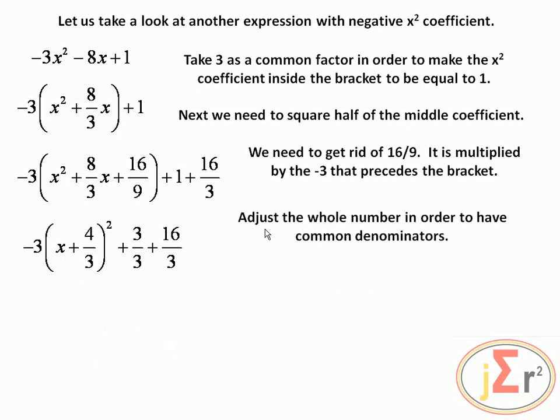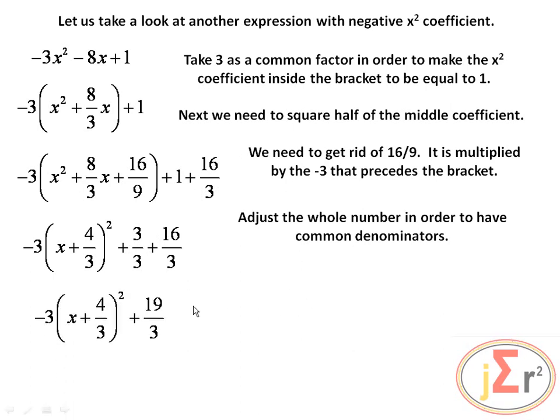Adjust the whole number in order to have common denominators. As usual, I like to write this with the same denominators so that the addition process can be simple. So instead of 1 plus 16 over 3, we say 3 over 3, because 3 divided by 3 is 1. So it's just another way of writing it.